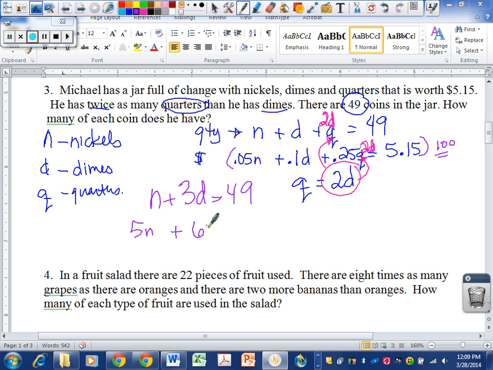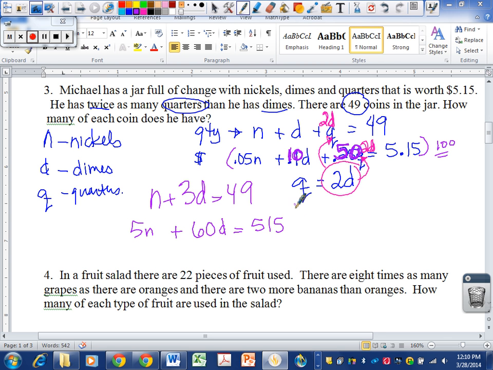This is a total of 60 D's equals 515. Okay, this is 10, right, 10 cents here. 2 times this is now 50. So I have 60 total D's, and that equals 515.